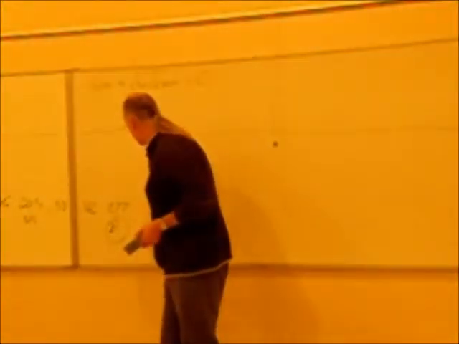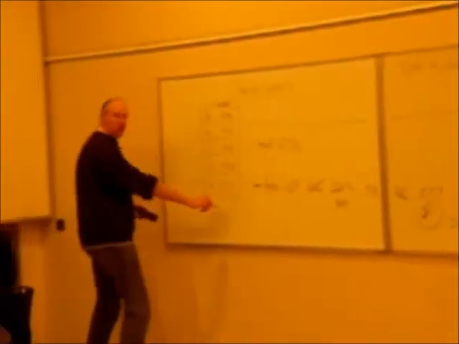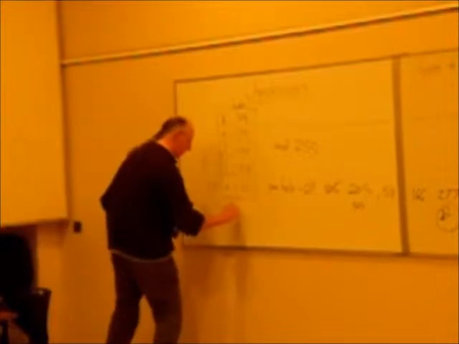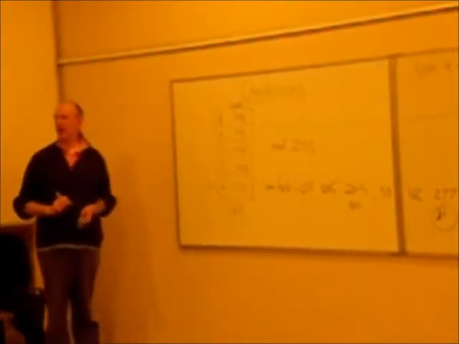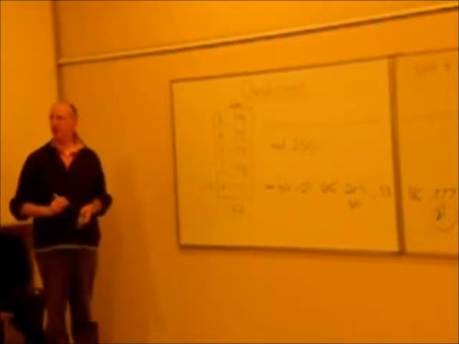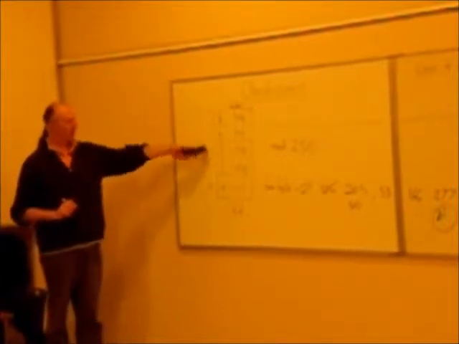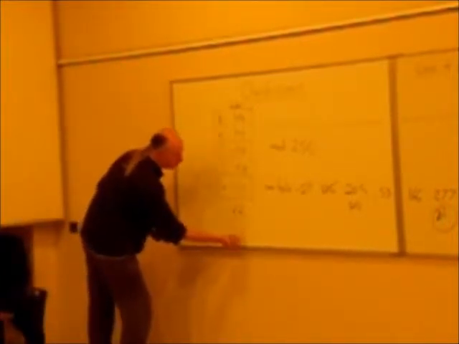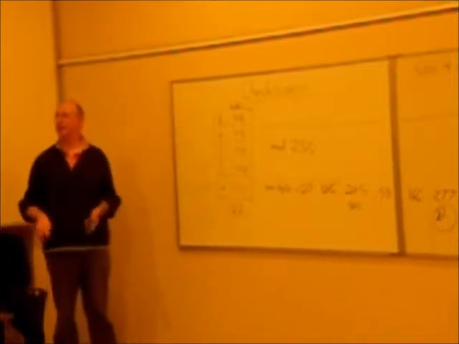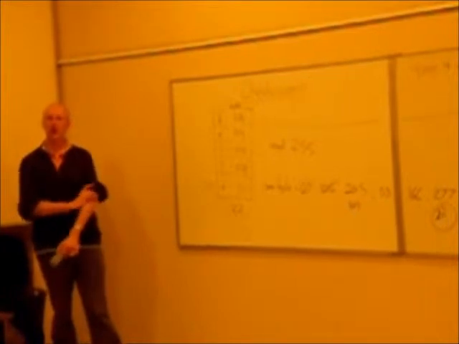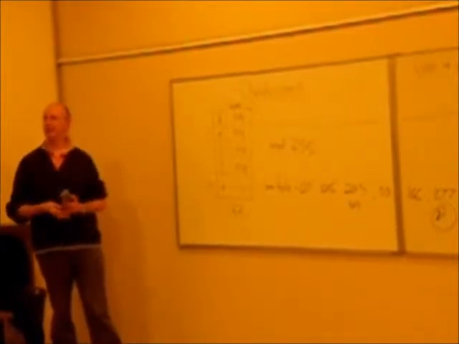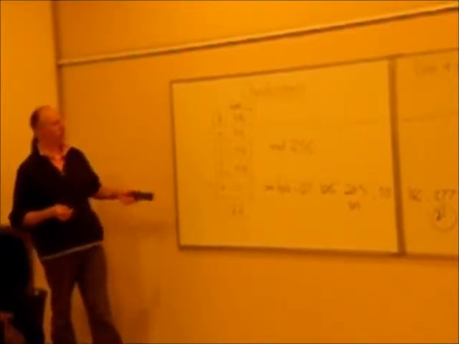Minus 22. Splendid. So in other words, if I were in this special position over here, put the value minus 22 and add them up, then the new sum would be 0. So we're going to use minus 22 as our checksum. Okay?